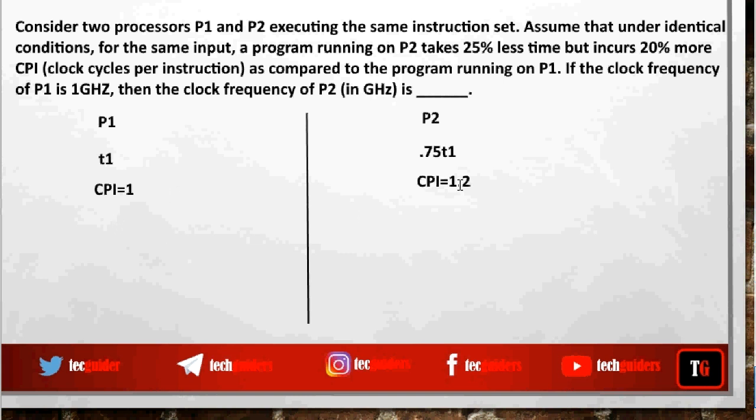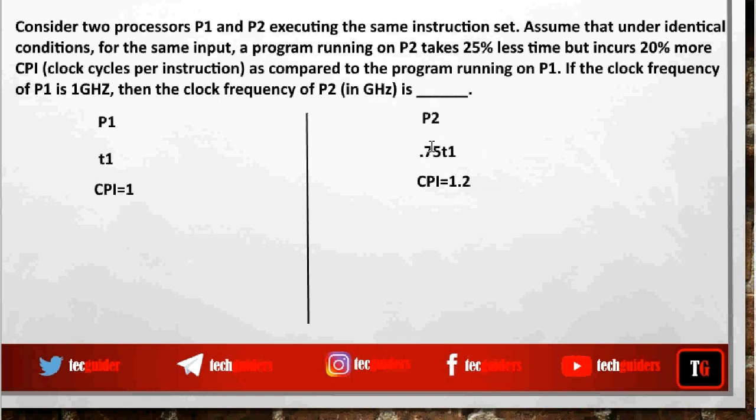Once the pipe is filled on both processors, if we are processing one instruction out in one clock on P1, we are processing one instruction out in every 1.2 clocks on P2. Since all the conditions are identical, the time taken to fill the pipe can be neglected.